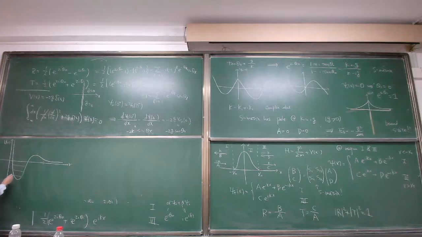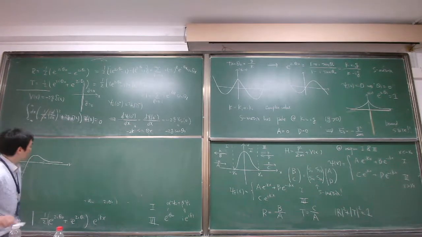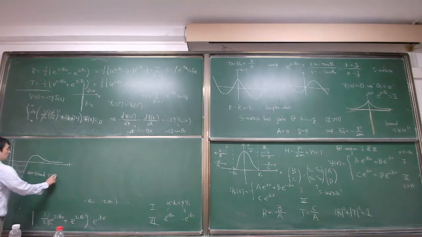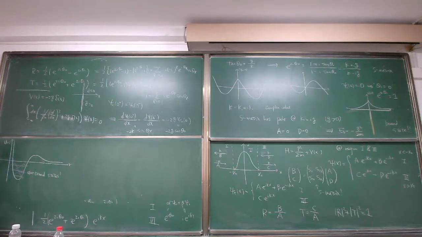Of course, a bound state is something like this, and like this. My drawing's horrible. These are called bound states, trapped in the potential.